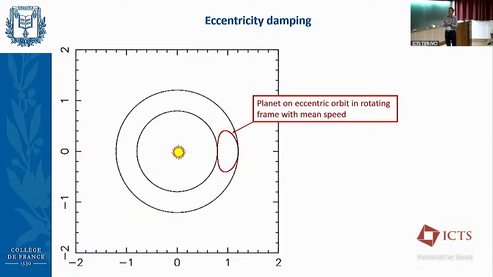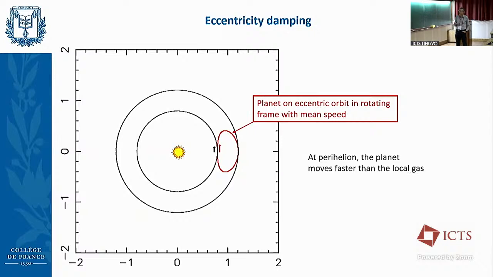So your planet will have a radial excursion, but also the azimuthal speed changes. The planet is faster at perihelion and slower at aphelion. So your planet draws an epicycle in this rotating frame like this. It goes faster at perihelion, slower at aphelion, and has a radial excursion, so it creates this epicycle.